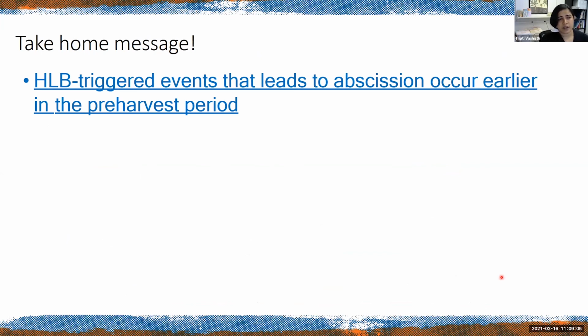The take-home messages that I have is that HLB triggered events that lead to abscission occur earlier in the pre-harvest period. So when you actually see the drop happening, it's too late. The events are happening way sooner than that. Good canopy equals less drop.